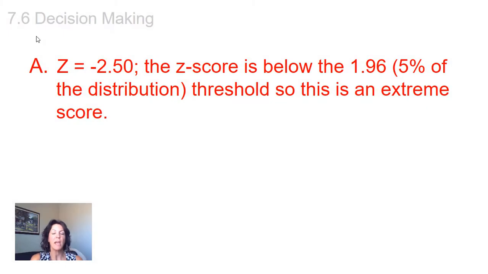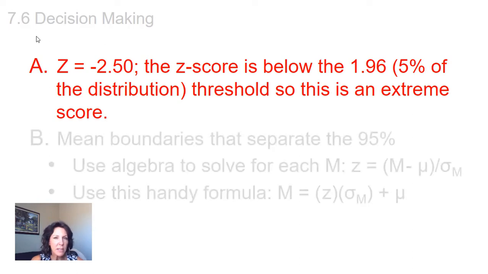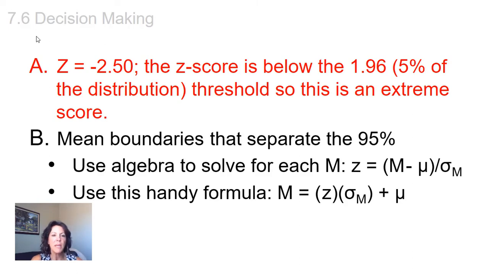Well, the answer to A you've already figured out. We already talked about how negative 2.50 is within that extreme threshold area, and so it is an extreme score. There is statistical significance. There has been a treatment effect. But for B, it's a little bit interesting. We want to know the mean boundaries that separate the 95%.